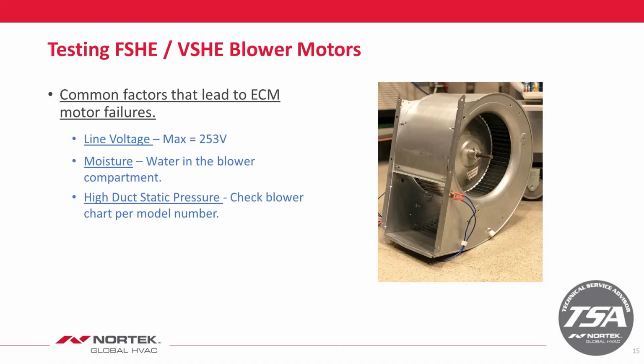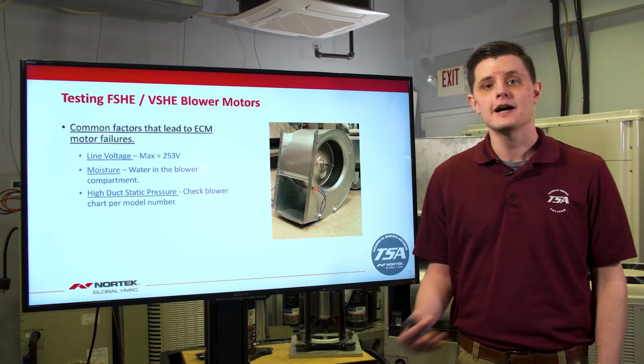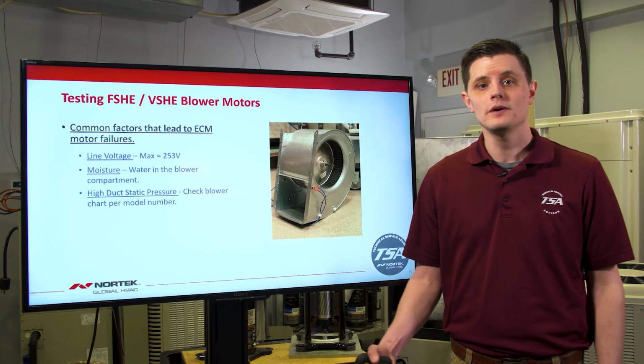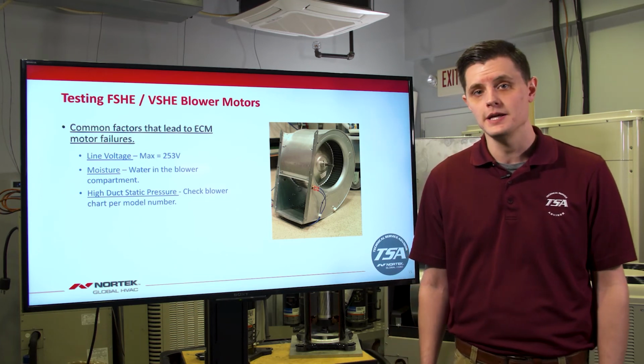The third thing is going to be static pressure. Now, when it comes to static pressure, this directly reflects the performance of your system and your overall CFM output to your registers. The higher your static pressure, the lower your CFM output is going to be.